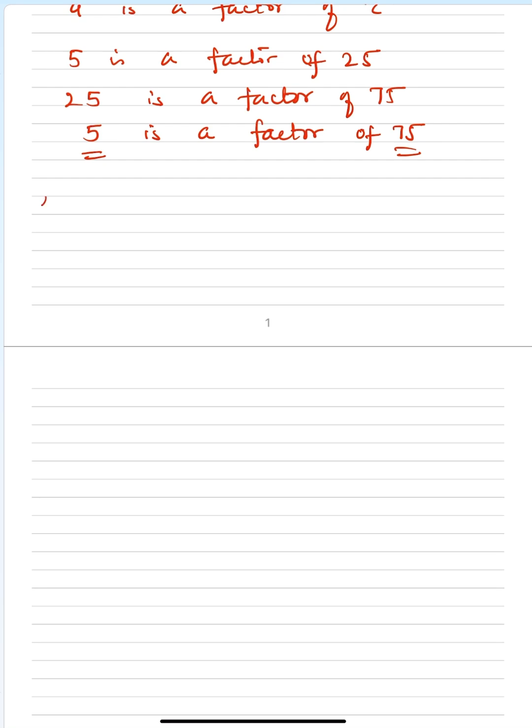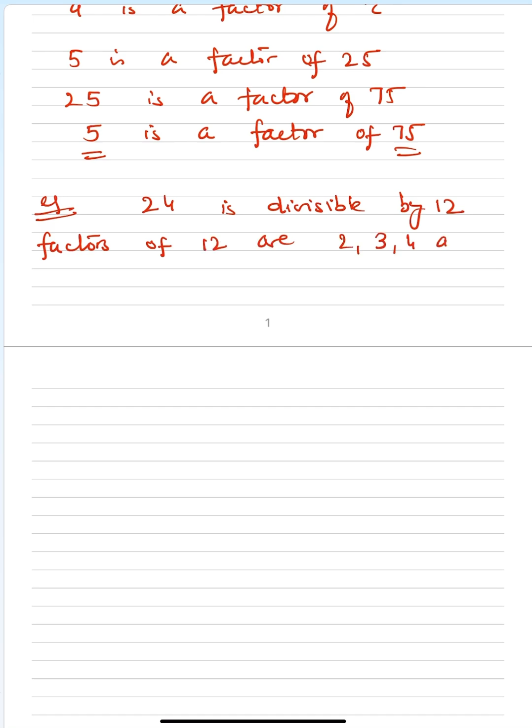Next example, if 24 is divisible by 12, and the factors of 12 are 2, 3, 4 and 6, then we will write, therefore 24 is divisible by 2, 3, 4 and 6.